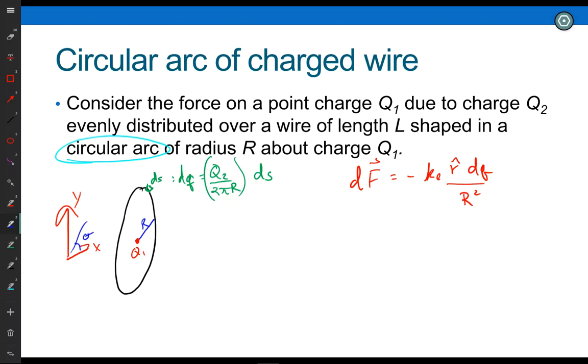And so in that case, I need to write ds in terms of theta. I had ds up there. If I'm using theta, what's the relationship between the arc length and the angle? S is the arc length.